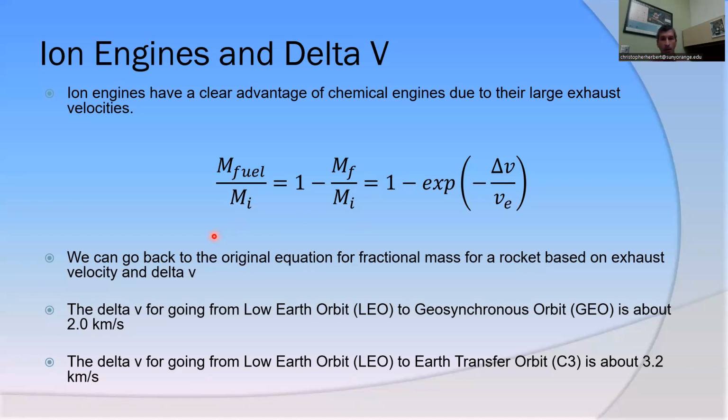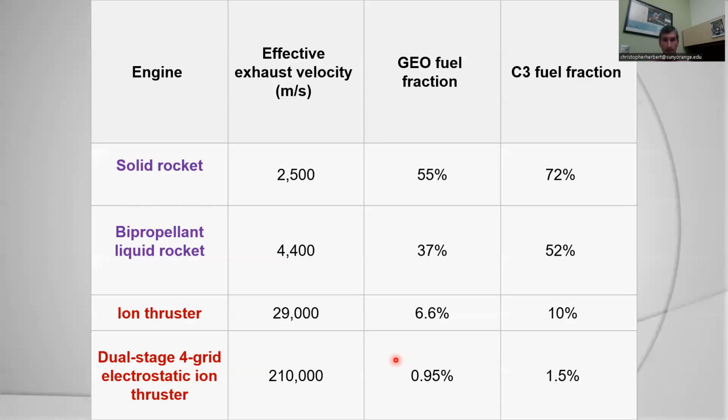So again, delta V from going from low Earth orbit to geosynchronous orbit is about 2 kilometers per second. The delta V from going from low Earth orbit to Earth escape is about 3.2 kilometers per second.